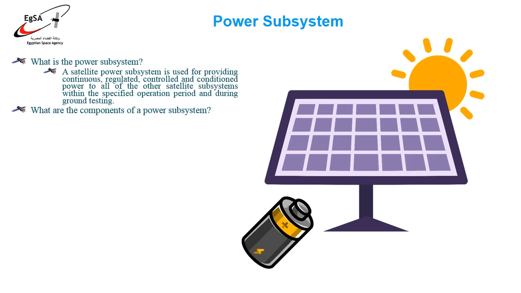It represents the secondary power source that supplies the subsystems during eclipse and overloading periods. The functions of the power control and distribution unit are to regulate the generated solar array power, safely perform the battery's charging and discharging, and supply the subsystems with the required voltages through overcurrent protected switches.